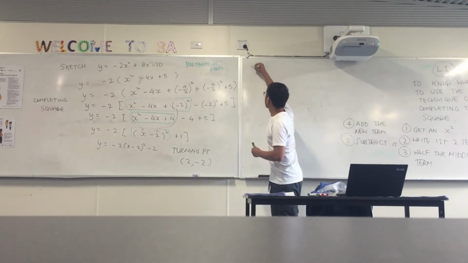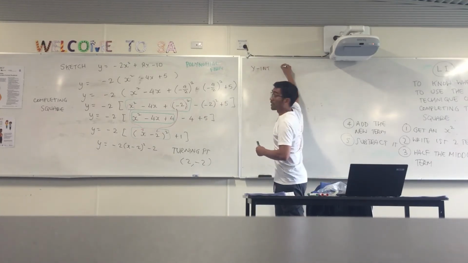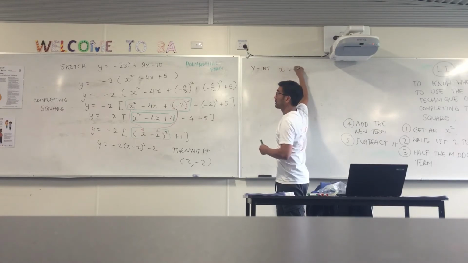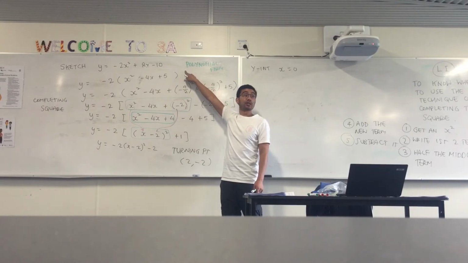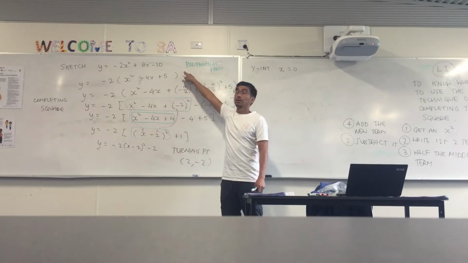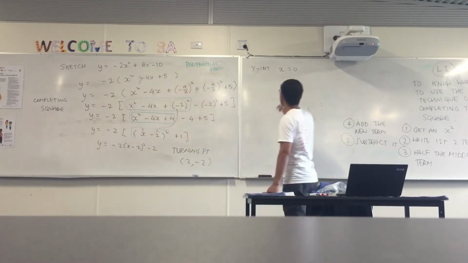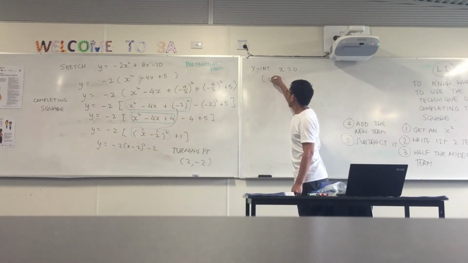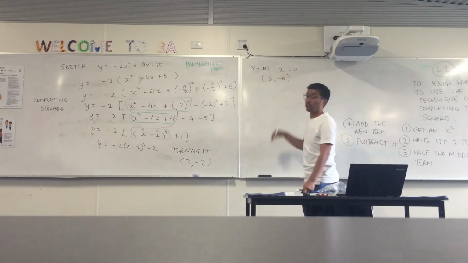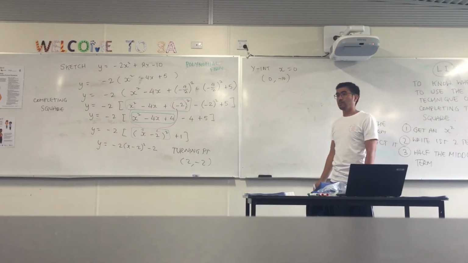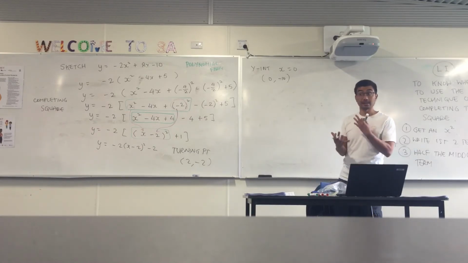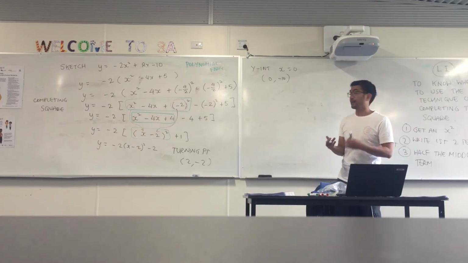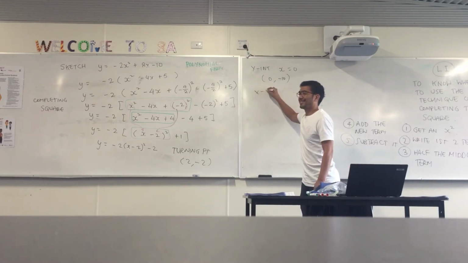The y-intercept, and that's when x equals 0. But we know from the polynomial form, if I put a 0 in there, what am I going to end up with? -10. So we know that's the y-intercept. What's the next thing, if we have a y-intercept, what's logical? The x-intercept.